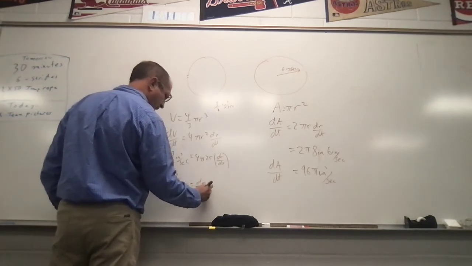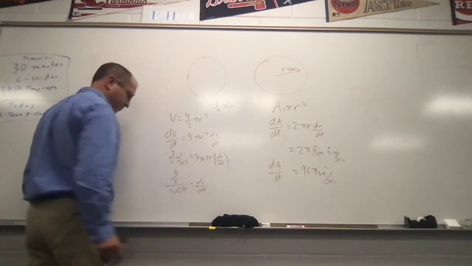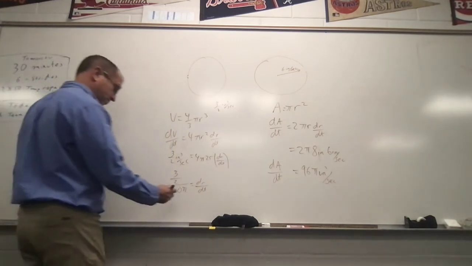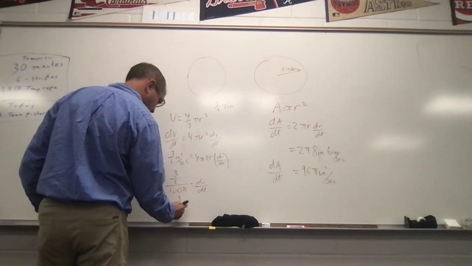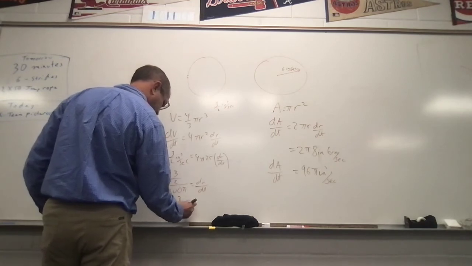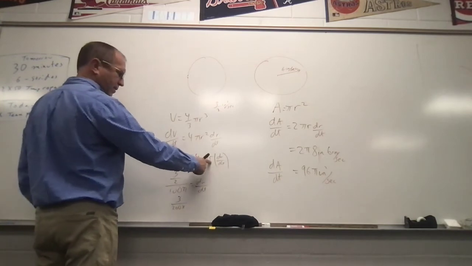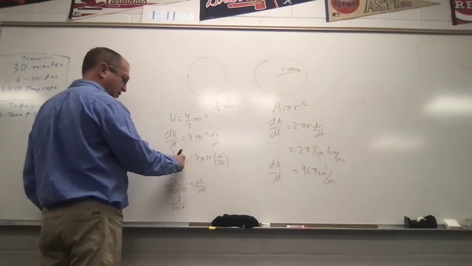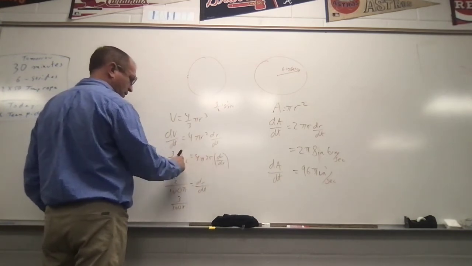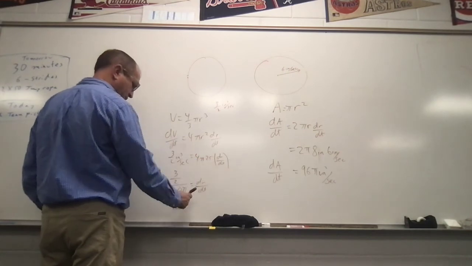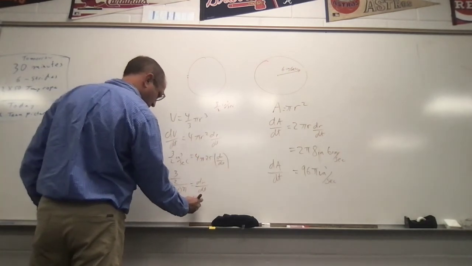Someone do that as a decimal. It'd be the same thing as 3/200 pi. And again, remember this is square inches and this is cubic inches. So cubic inches divided by square inches would be just linear inches. So it's going to be inches per second.